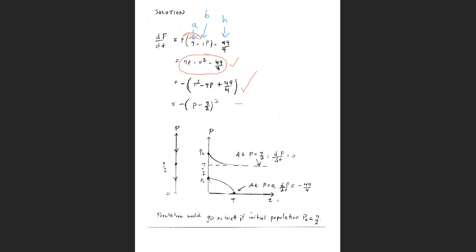Okay, well, so now it turns out that this can be factored as P minus 7/2 quantity squared. So I can write dP/dt in this much more useful form here on the right-hand side.